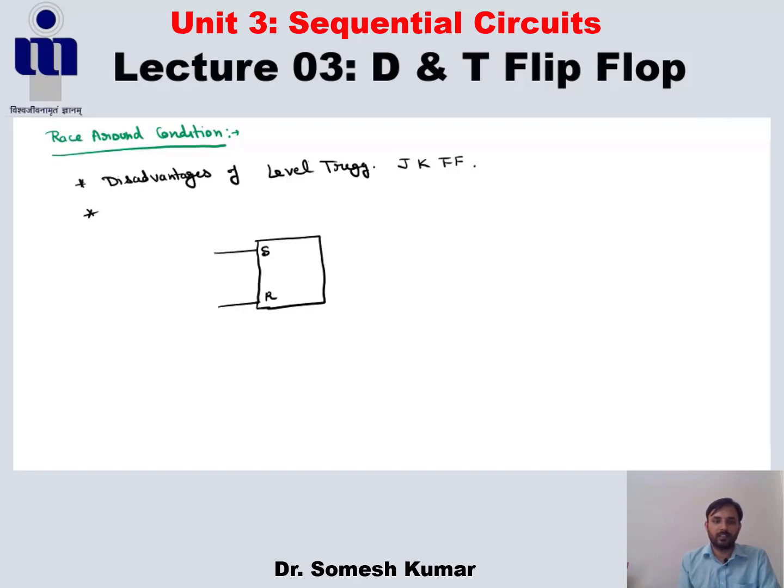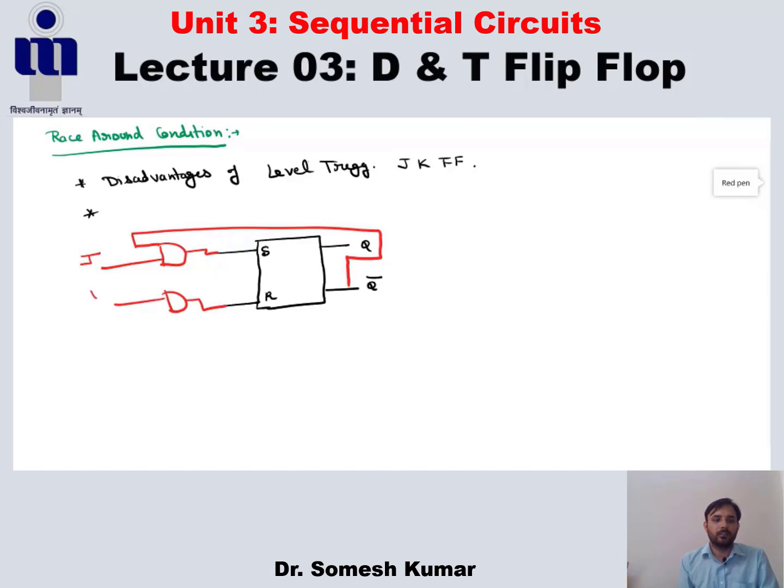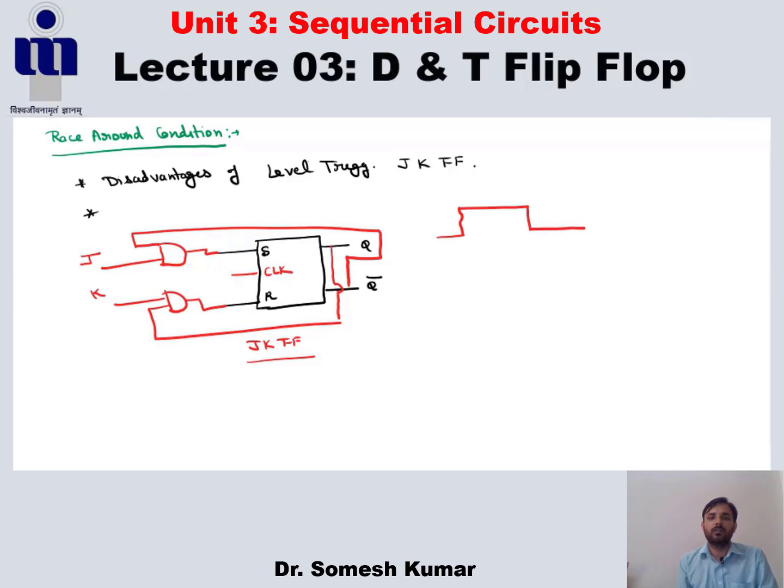This is S, this is R, this is Q, this is Q bar, and here I am putting one AND gate, and this Q bar I am giving to the input of this AND gate, and this is K. Another AND gate, this is K, and the input here. So this is the basic circuit, and this is the clock. This is basically our JK flip-flop.